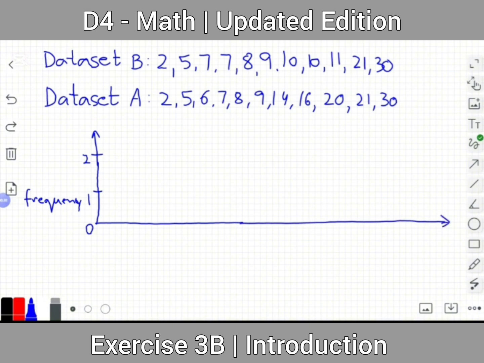So here we have the values 2, 5, 7. The frequency of 7 is 2 because it repeats 2 times, or it occurs 2 times.